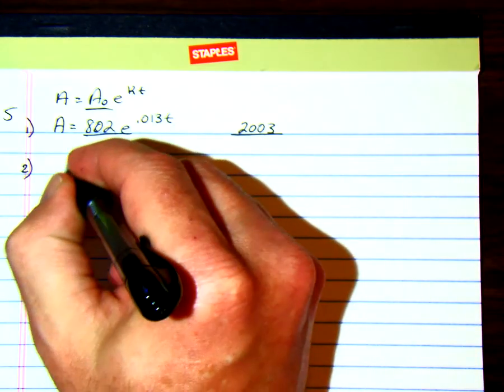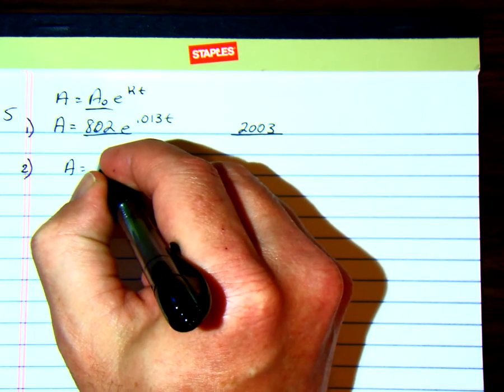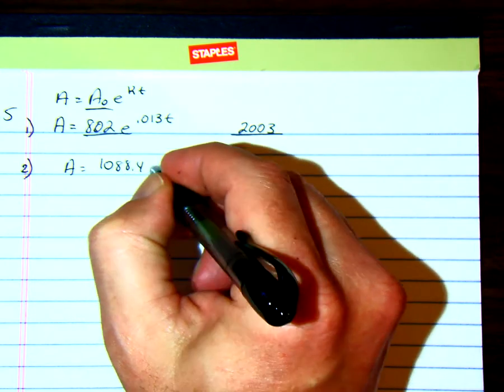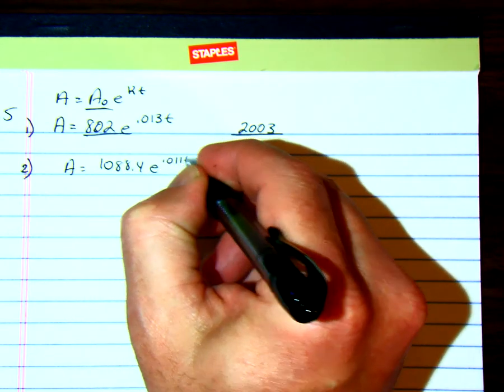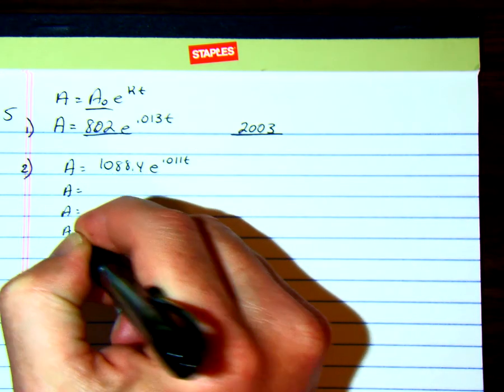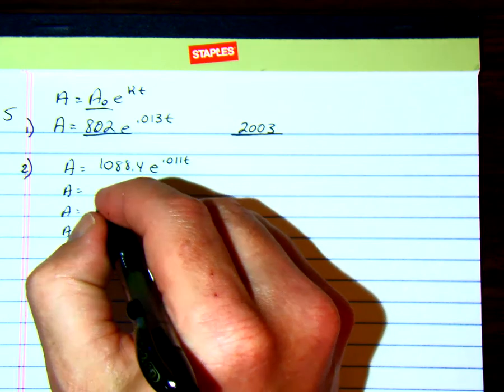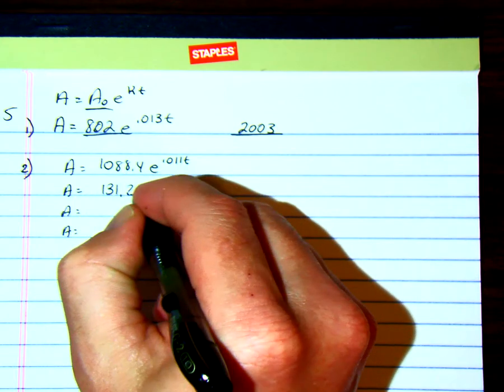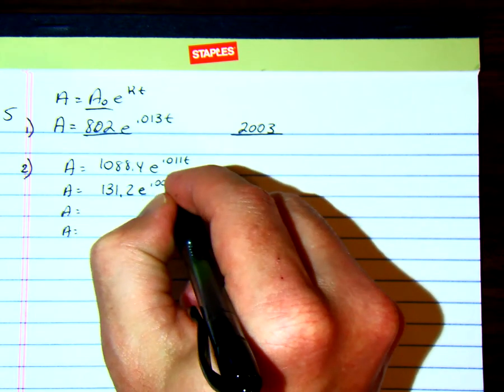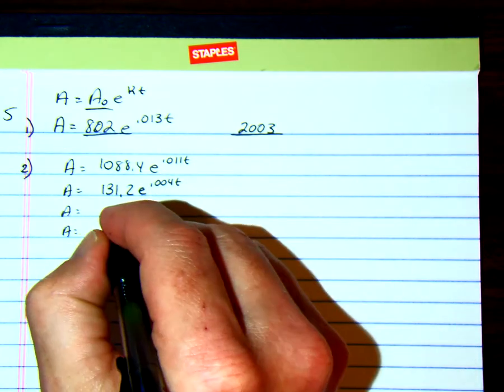So here's the way. We have 4 countries. We have A equals 1088.4 e to the 0.011 t power. A equals, for our 4 countries, 131.2 e to the 0.004 t power.